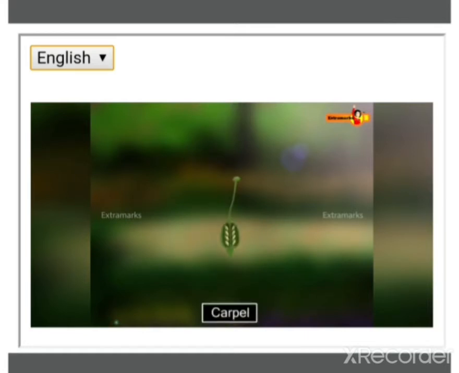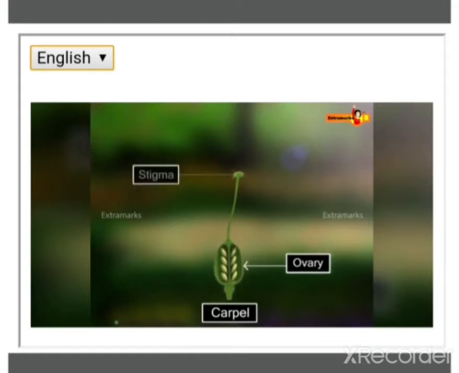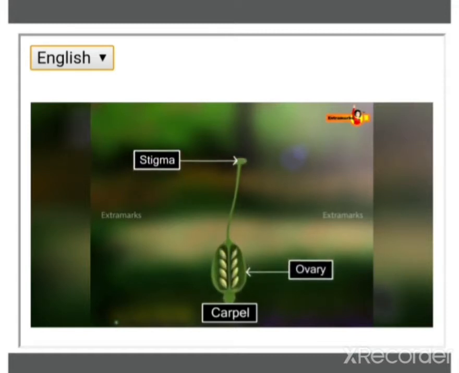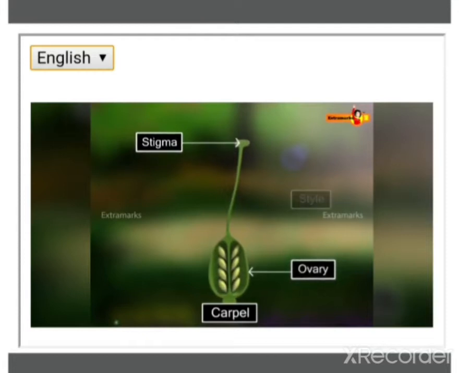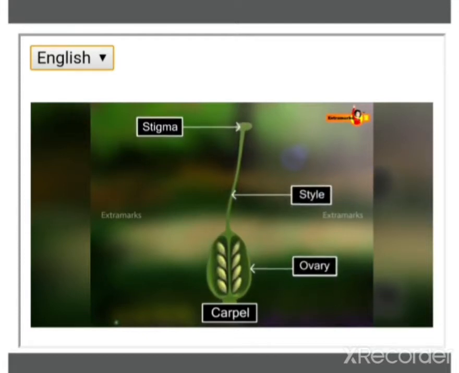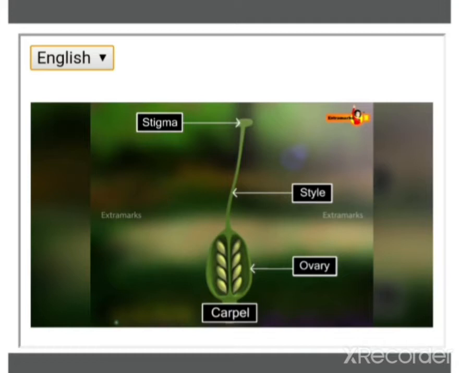The carpel is divided into a proximal ovule-bearing part known as the ovary, a distal pollen receptive part known as the stigma, and a median sterile part called the style. The style holds the stigma and carpel is also known as the pistil.